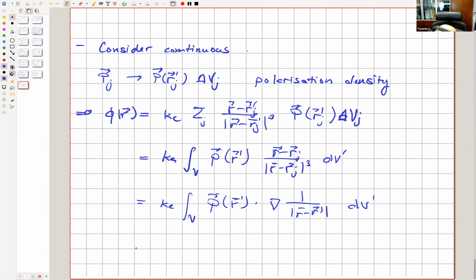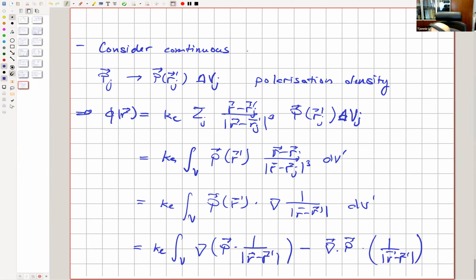I can write this as ke times the integral over V of the divergence of P over |r minus r'|, and then minus the divergence of P times 1 over |r minus r'|, dV.